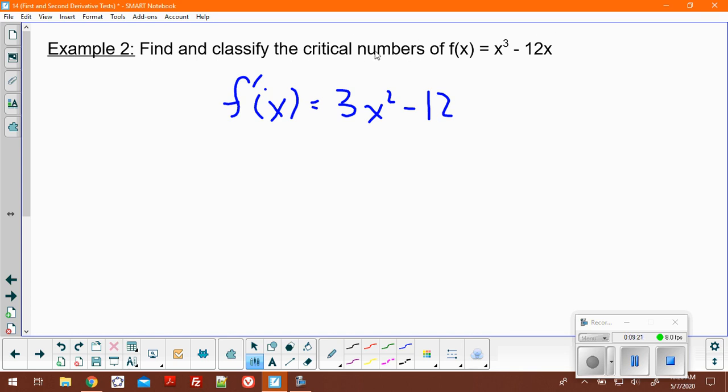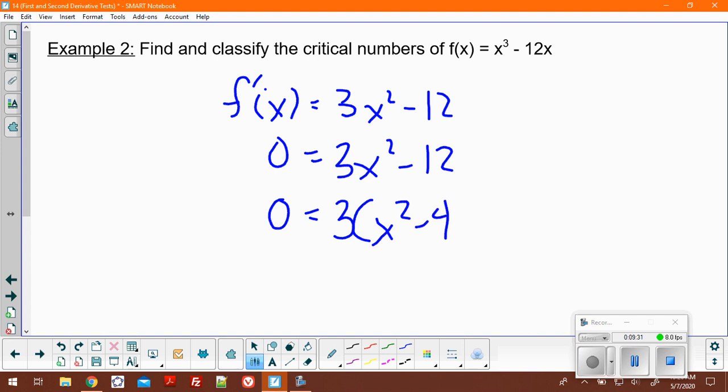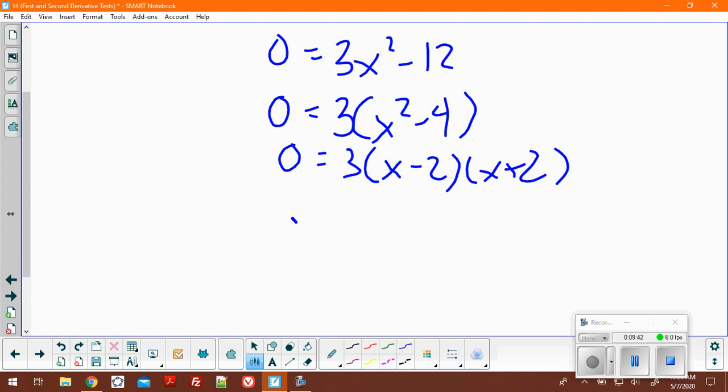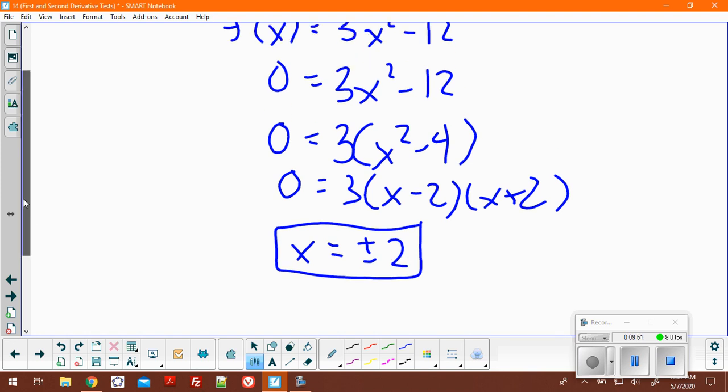I'm going to set this equal to 0, which means I'm going to factor it and solve it. So I've got 3 times x squared minus 4. So 0 equals 3 times (x minus 2)(x plus 2). Therefore, x is equal to plus or minus 2. So those are my critical numbers. The critical numbers are plus or minus 2.